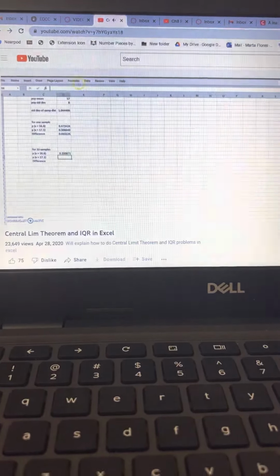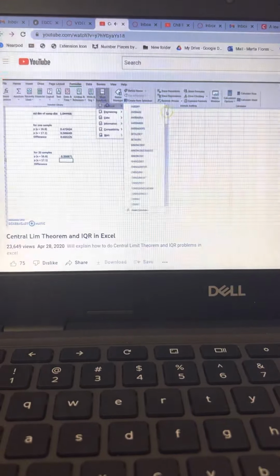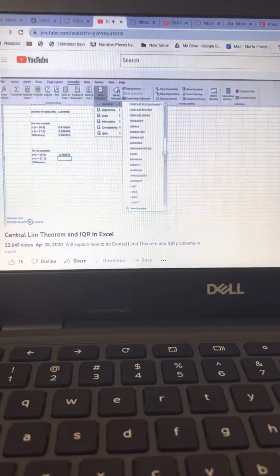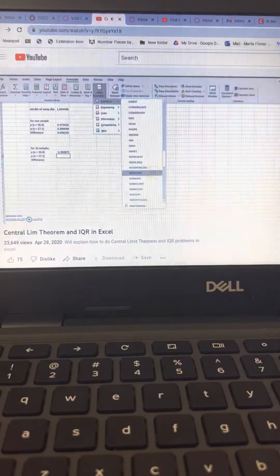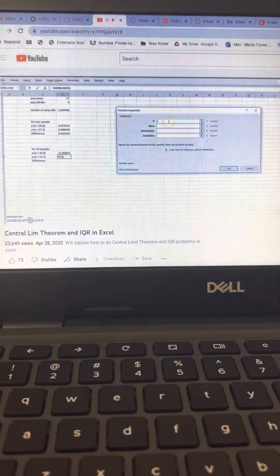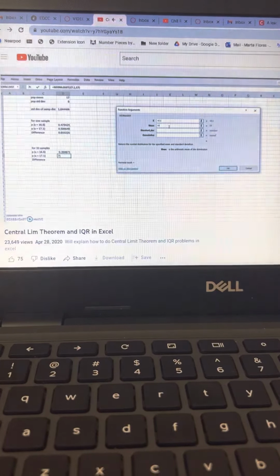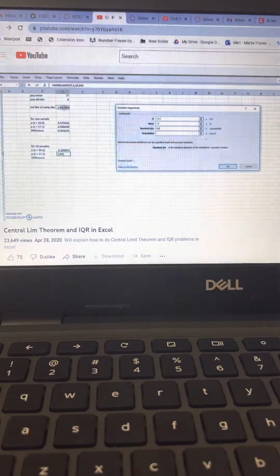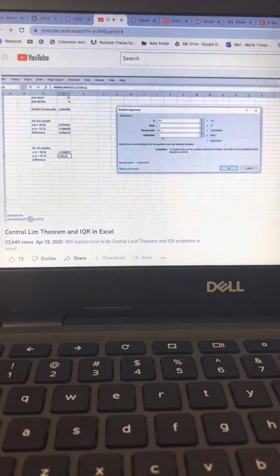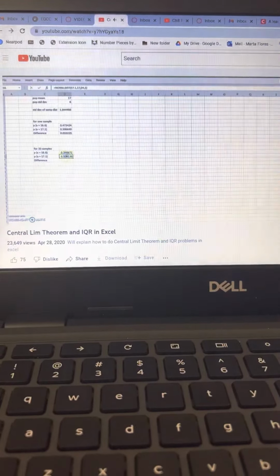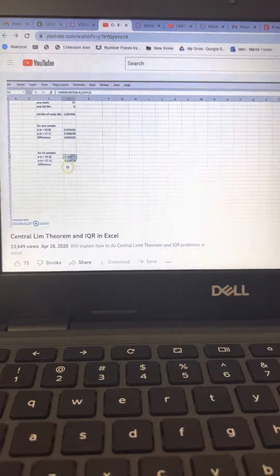So for 17.1, do the same thing. More functions, statistical, norm.dist, and again, the x is 17.1, mean 17, and the standard deviation, I'm going to grab that one because that's the one we're using, cumulative always 1. Again, I could use my calculator and do this one minus this one, but I'm going to make it easy.